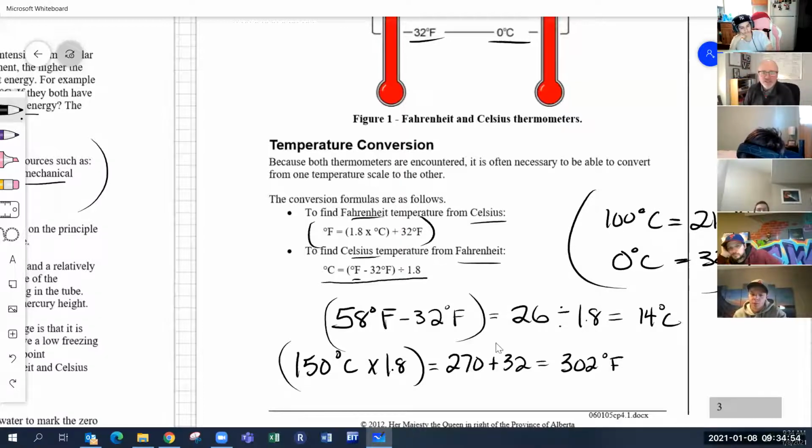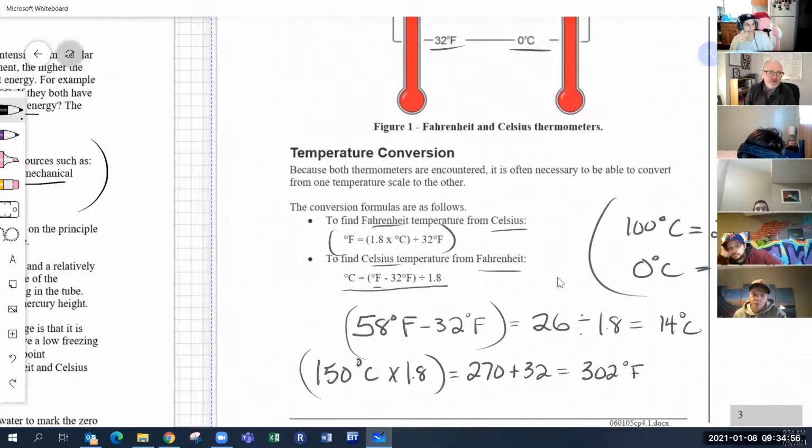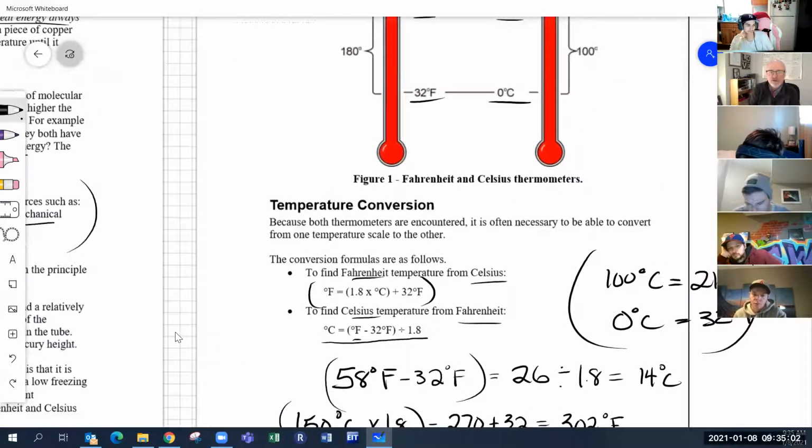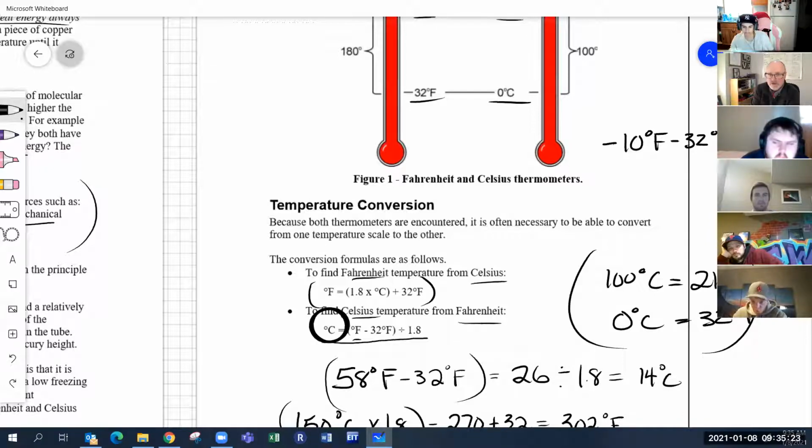What if, Steve, this is a good question though. Let's do another one. If I had minus 10 degrees Fahrenheit and I wanted to change that into Celsius. So I want to know my Celsius down here. I'm going to take this minus 32 and then divide by 1.8. So minus 10 minus 32 is how much?